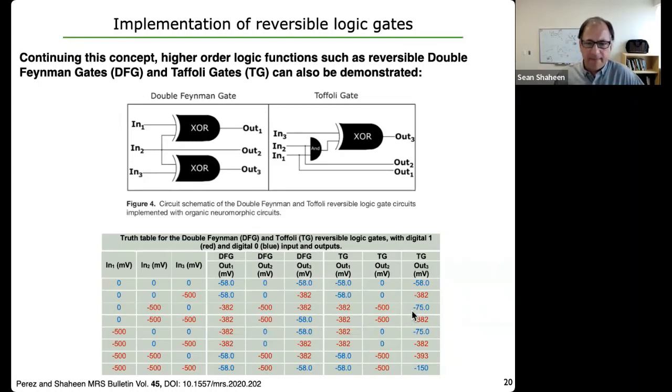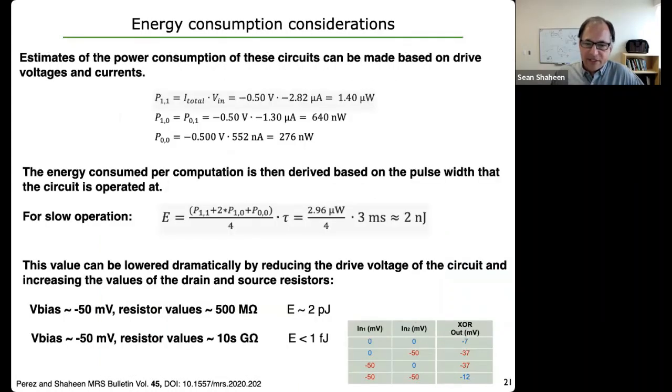Okay, just to touch upon energy consumption considerations a little bit. The goal here would be to run this at very low power, of course. Now, I didn't mention, if you're familiar with OECTs, the trade-off is speed, since you're relying on ionic motion, on ions traversing the electrolyte to get into the channel.